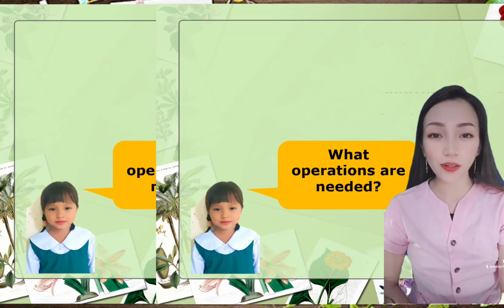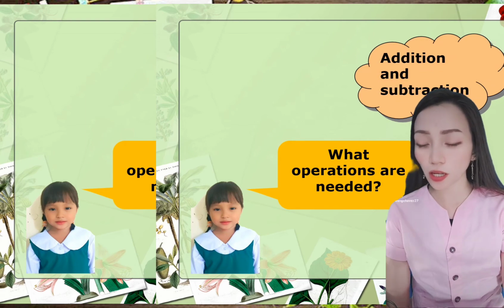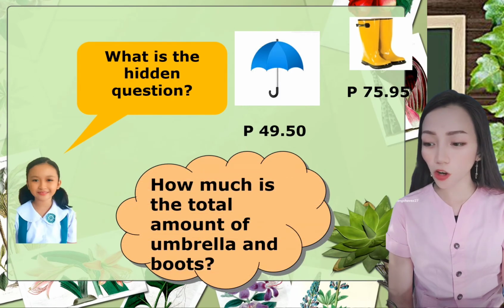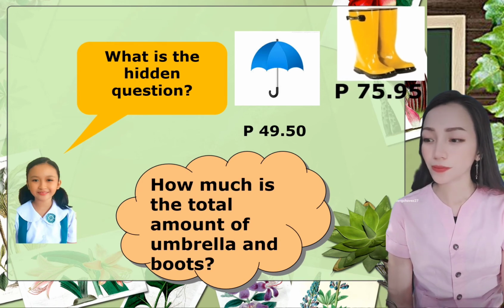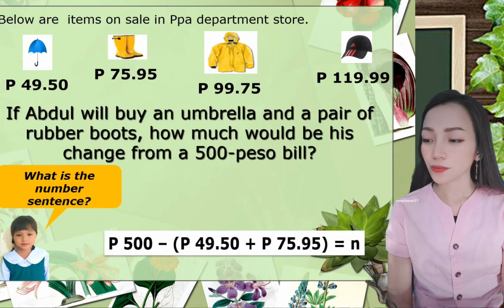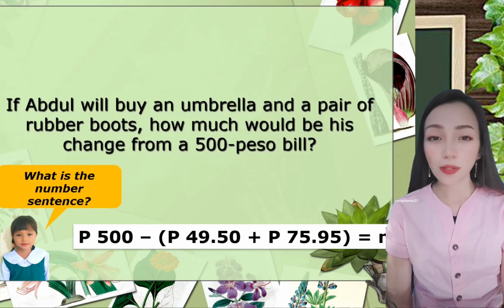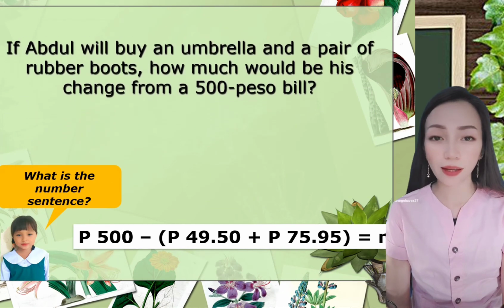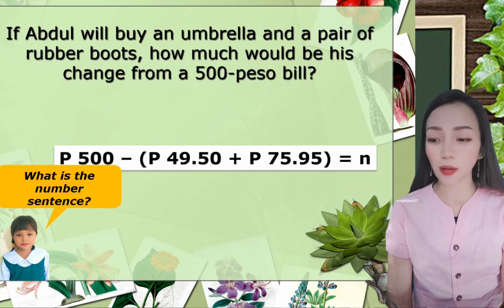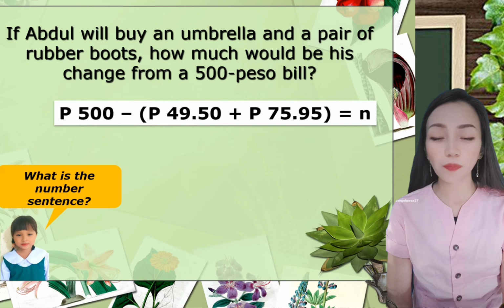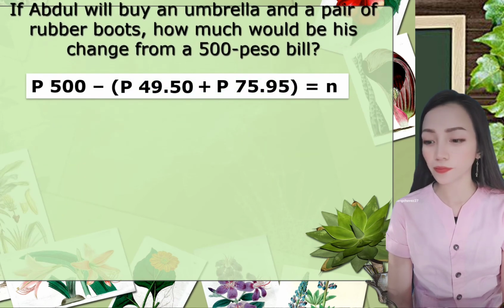Addition and subtraction. What is the hidden question? How much is the total amount of the umbrella and boots? What is the number sentence? The number sentence is 500 minus the sum of 49.50 pesos and 75.95 pesos equals the unknown number.